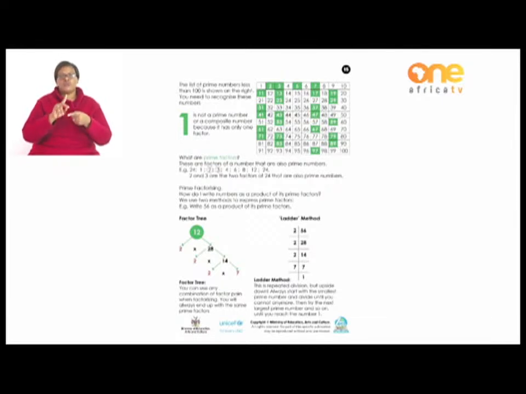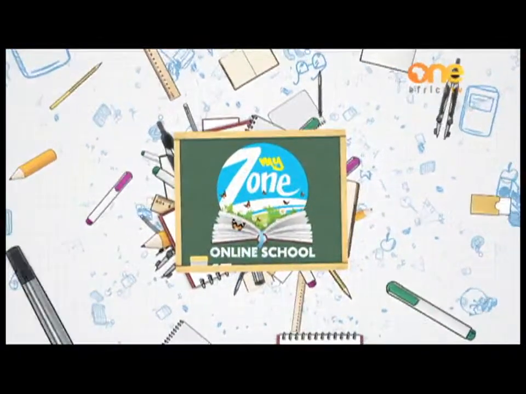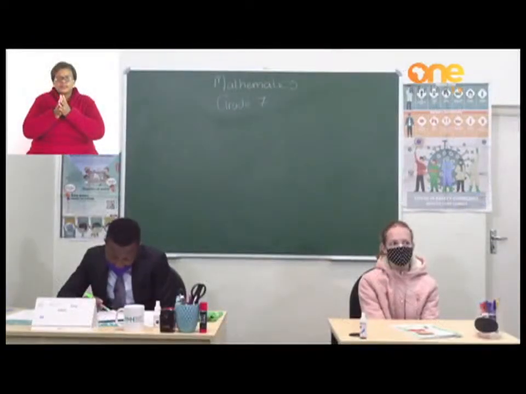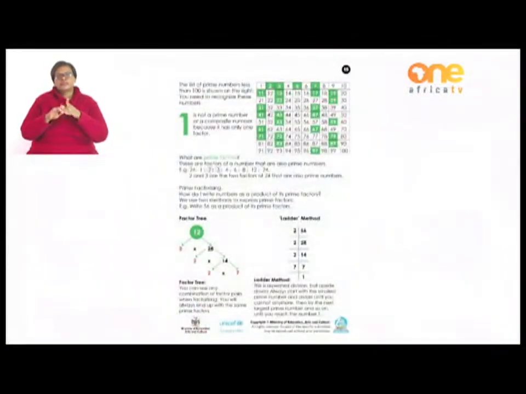We have a factor tree. We need to make a correction there. At 12, it's supposed to be 56. So we just have to take out that 12 and write 56 there.